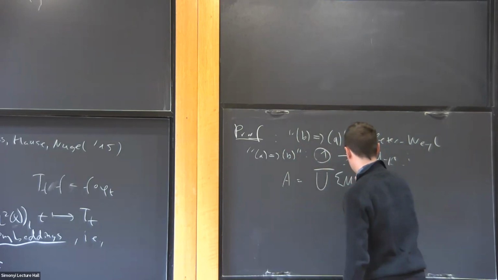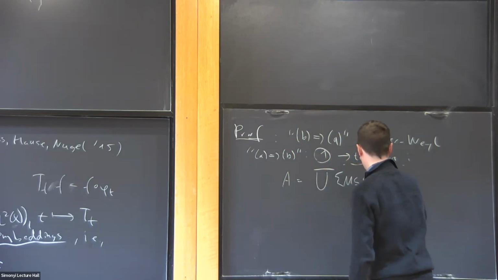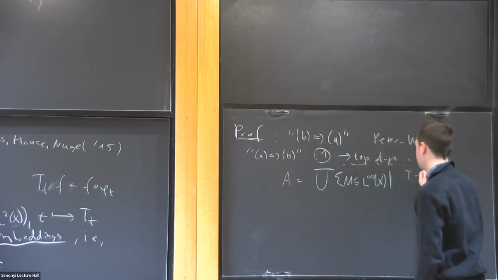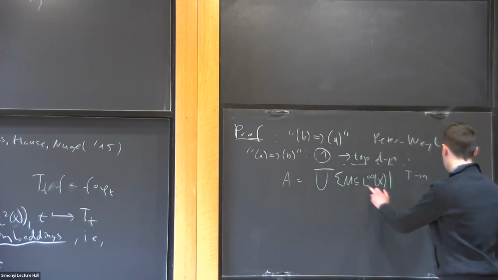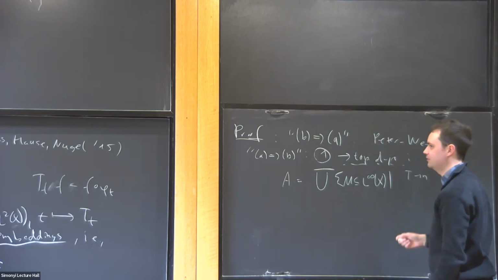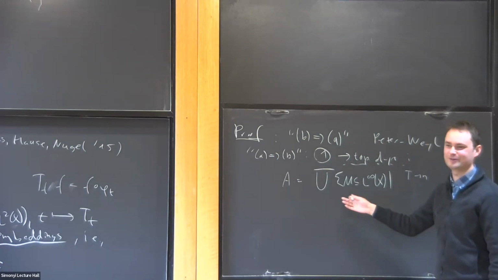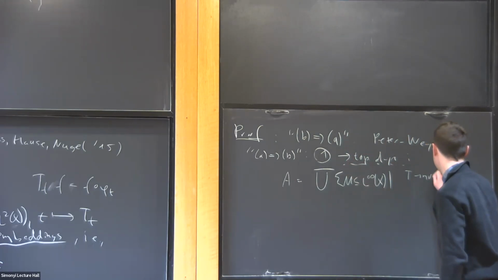We just take the finite dimensional invariant subspaces, but now those which are contained in L infinity of X, which are actually all because of the ergodicity. You can show that, but it doesn't really matter.